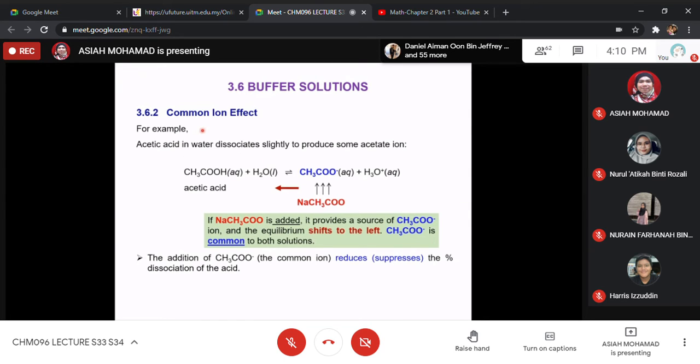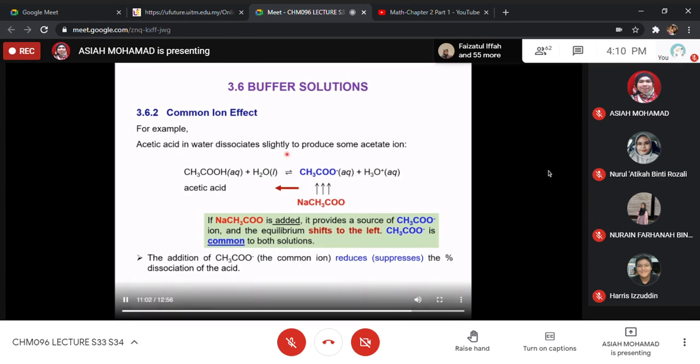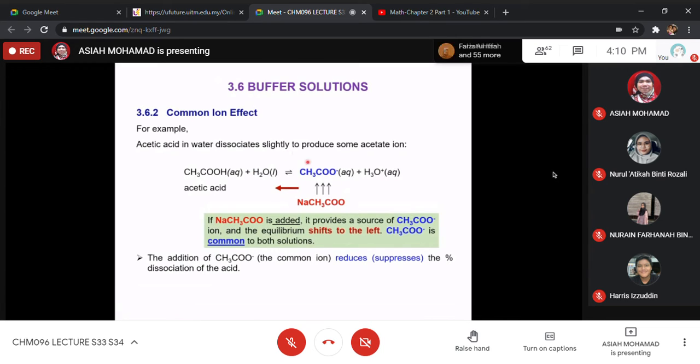Now let us look at this slide. As I mentioned earlier, when acetic acid is dissolved in water, it will dissociate slightly, since it is a weak acid, to produce some acetate ion. When sodium acetate is added, it provides a source of acetate ion, and the equilibrium will shift to the left, according to Le Chatelier's principle.